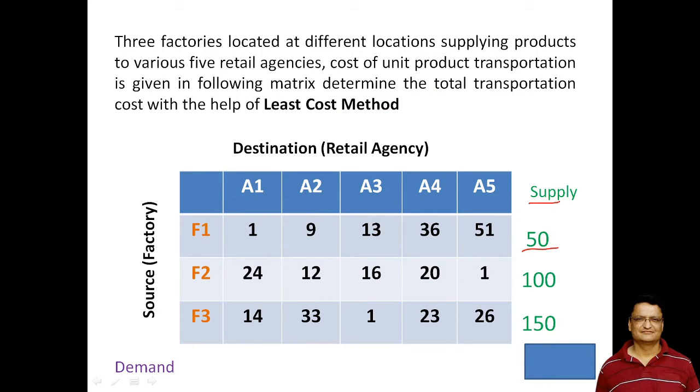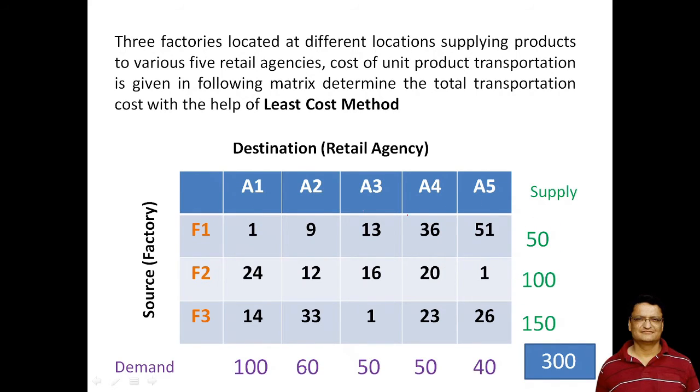This is the supply. Factory 1 is able to supply 50 units, factory F2 is able to supply 100 units, and factory F3 is able to supply 150 units. So factory 1 is free to transport any number of goods to A1, A2, A3, A4, but that should not exceed 50.